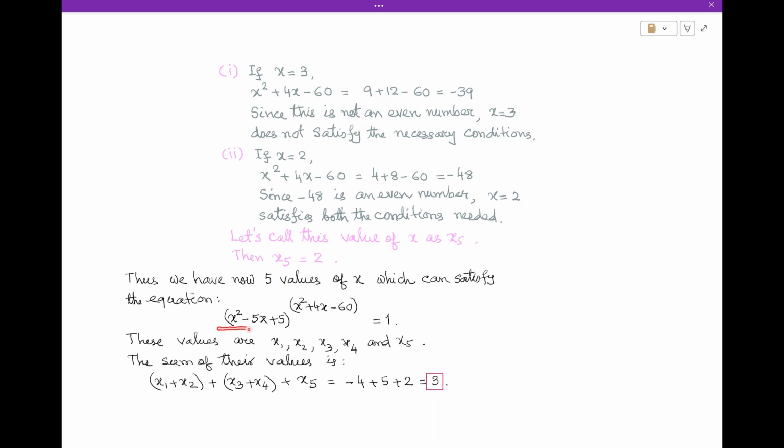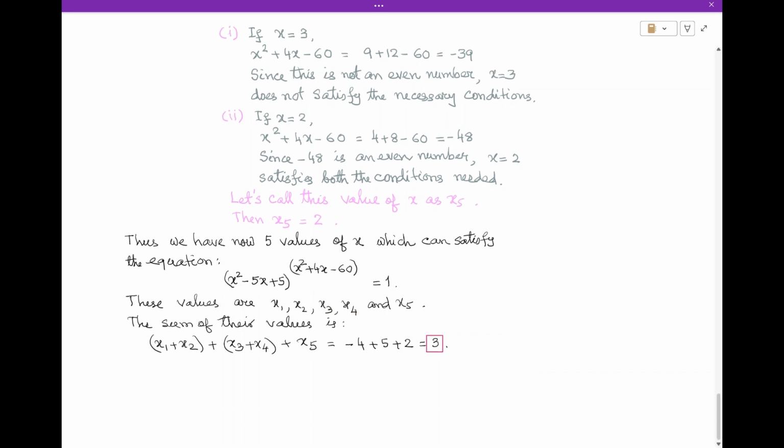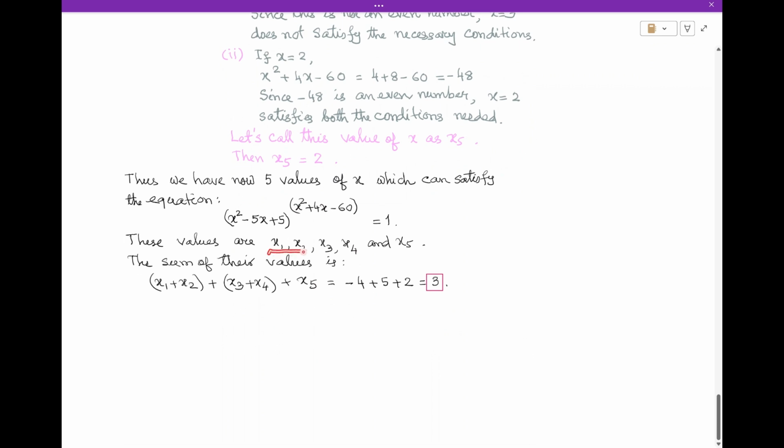These values of x are x1, x2, x3, x4 and x5, as we have found out earlier. The sum of their values is the sum of x1 and x2 plus the sum of x3 and x4 and x5, that is −4 + 5 + 2, and that is equal to 3. So 3 is the answer to this question.